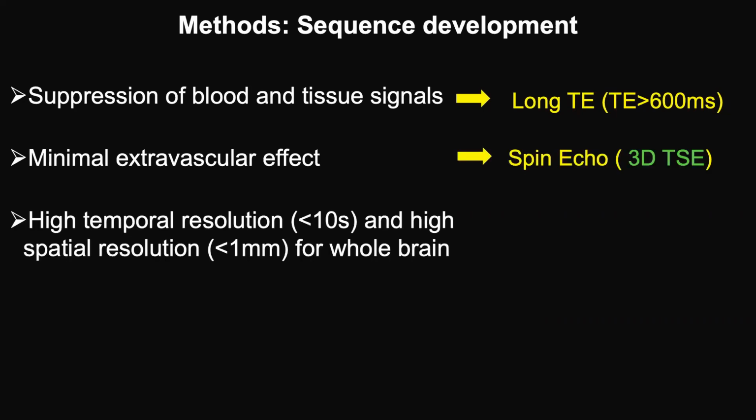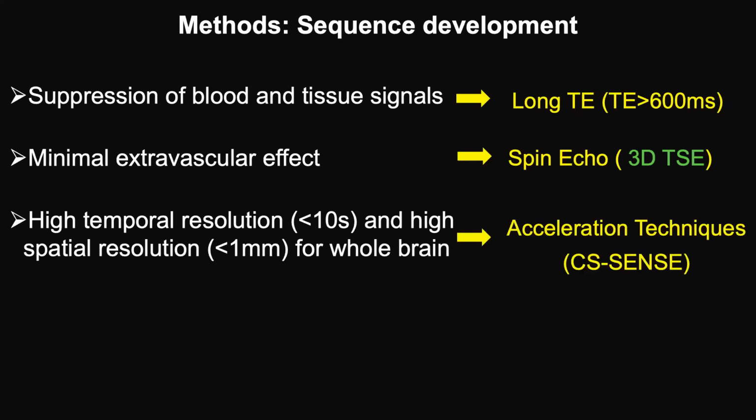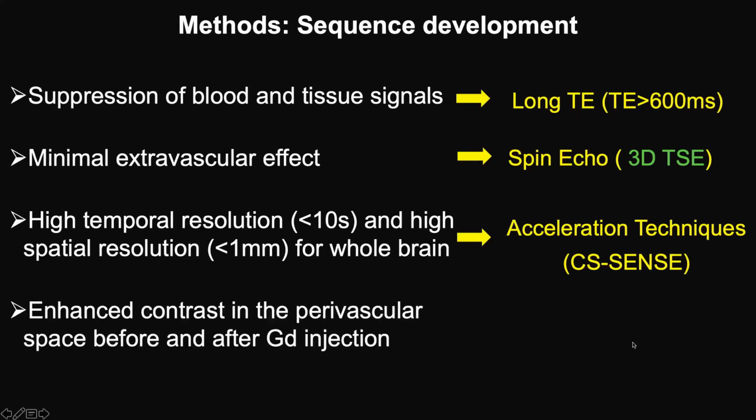Third, to get whole brain coverage with a temporal resolution of less than 10 seconds and a sub-millimeter spatial resolution, SENSE was used to accelerate the acquisition. Last but not least, we did simulation to optimize the sequence, achieving significant signal change in CSF before and after GAD injection.